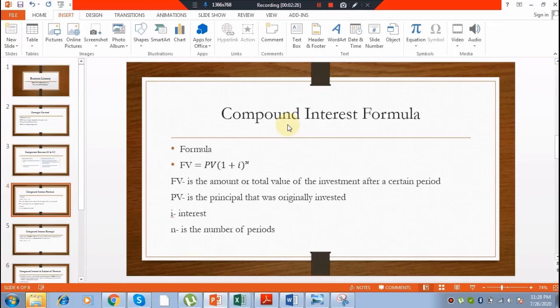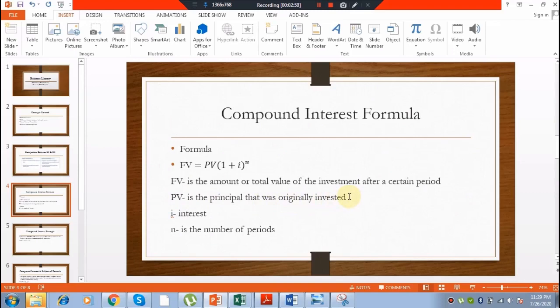So here is our formula. FV, standing for future value, equals present value times (1 plus interest) to the power n, where n is the number of periods. So what is FV? FV is the amount or total value of the investment after a certain period, and PV, the present value, is the principal that was originally invested.